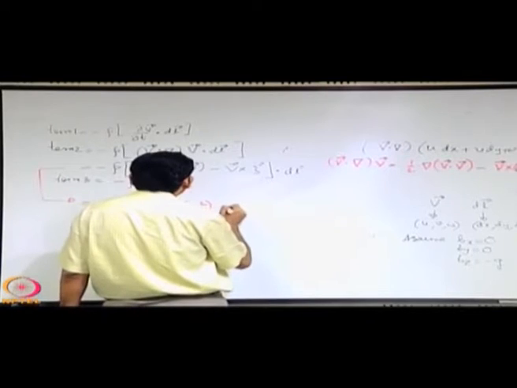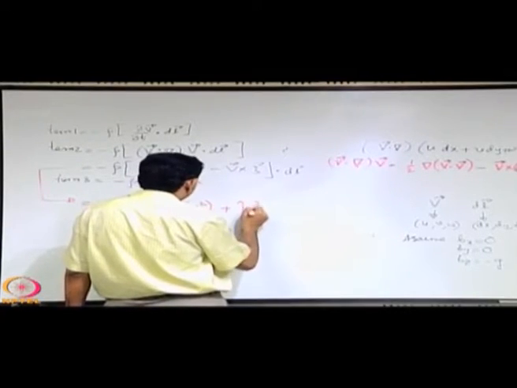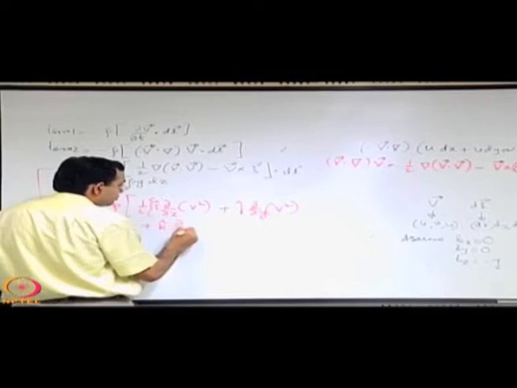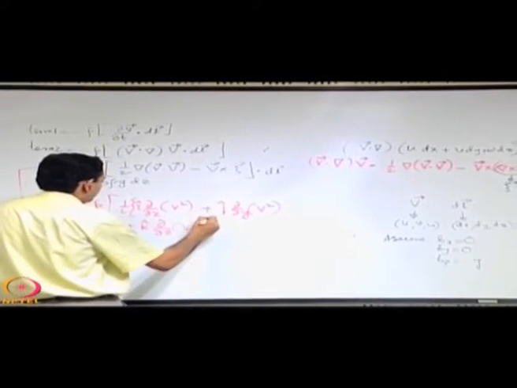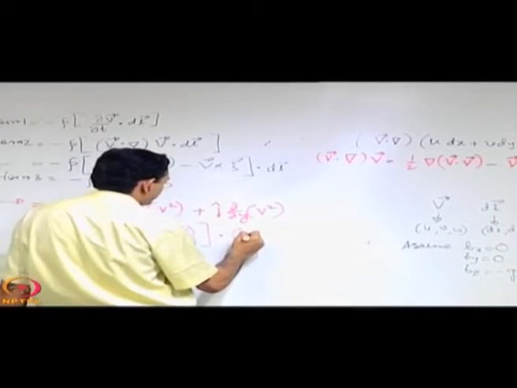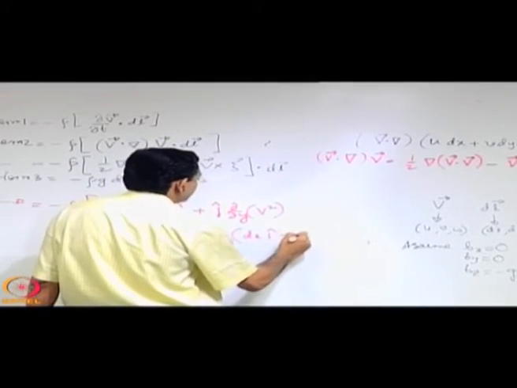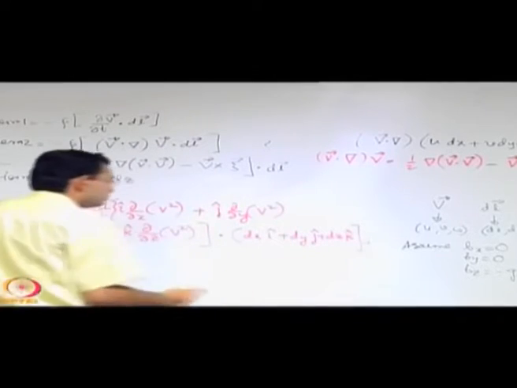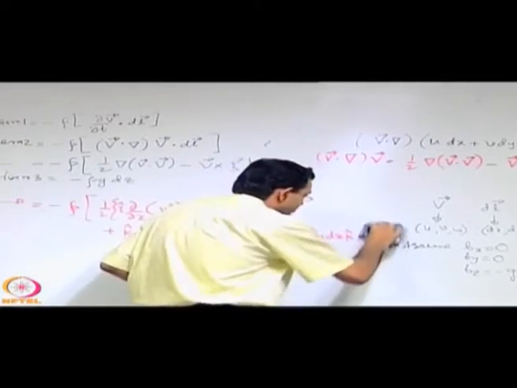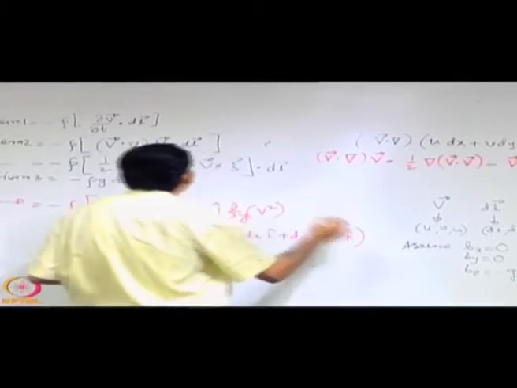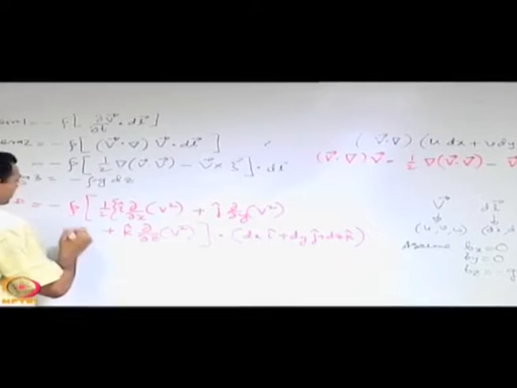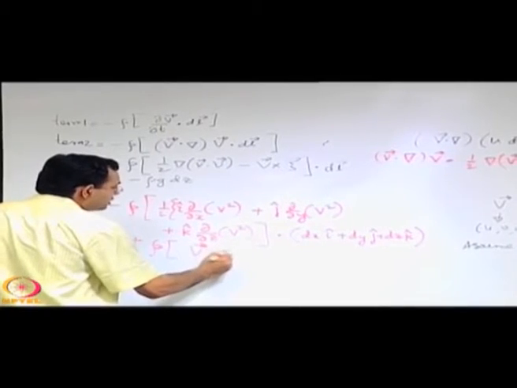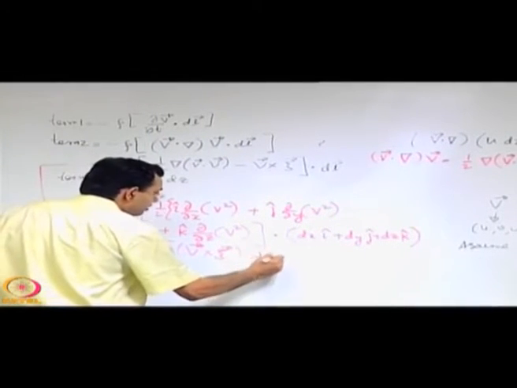So, that we are writing this dot with this one, sorry, that is the first term, and you also have a term plus rho v cross vorticity vector dot dl.